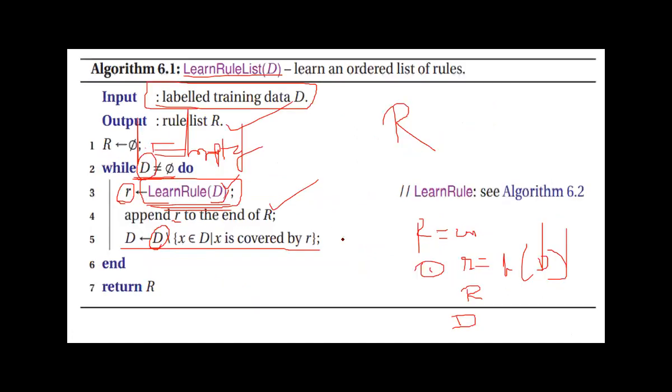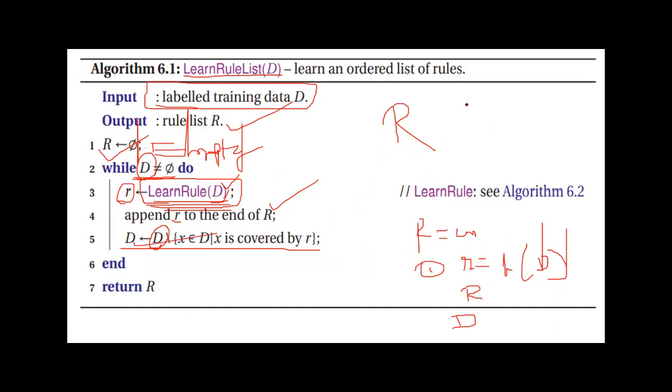Let me just explain you again. This is very simple, right? We say R is equal to empty, the rule list is empty, and we just get one rule from another function called learn rule, and we just append it to our rules list, and we just remove it from our D. That's it.